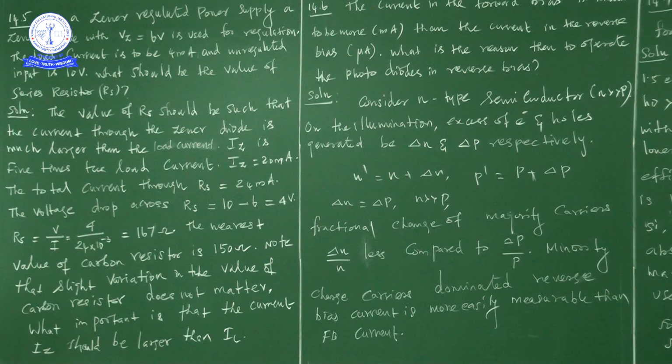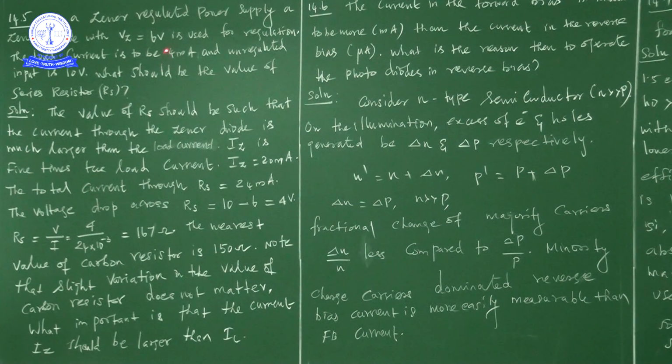So the basic concept involved in the regulation is that when we take the Zener current, it is always much larger than the current across the load resistor. Here they are giving the load current as 4 milliampere, that is 4 into 10 power of minus 3 ampere.